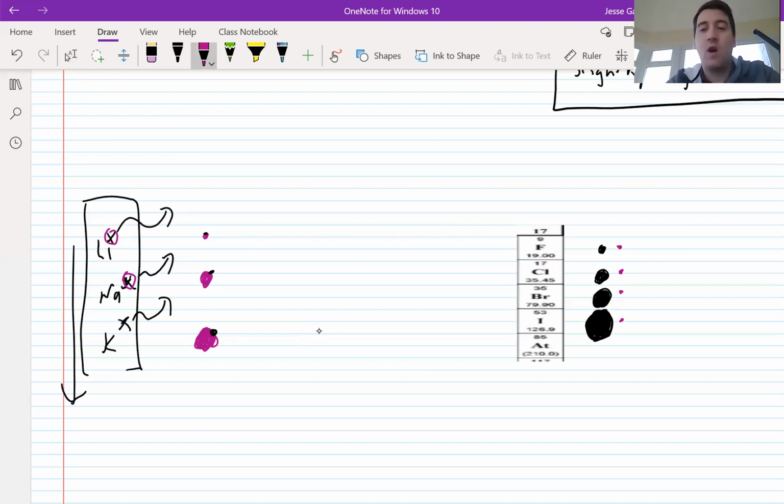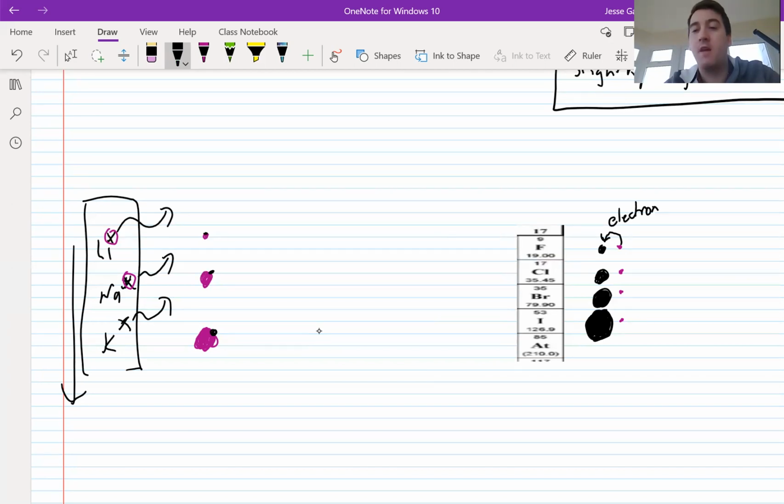Now, the reason why these atoms can take an electron from this atom is because their nucleus is able to pull the electron off the purple atoms. The nucleus has a high nuclear charge, it's got a lot of protons, and it's able to pull an electron off another atom.